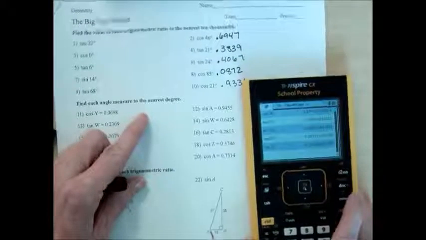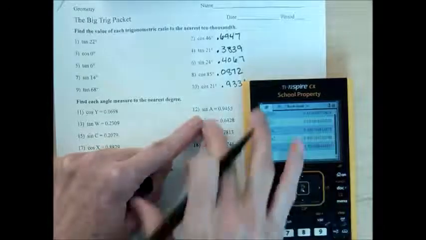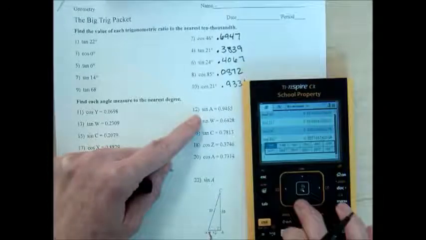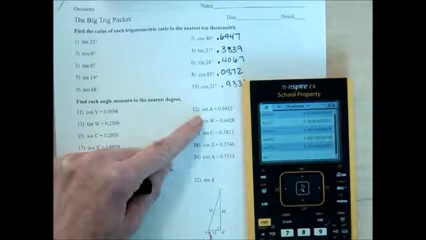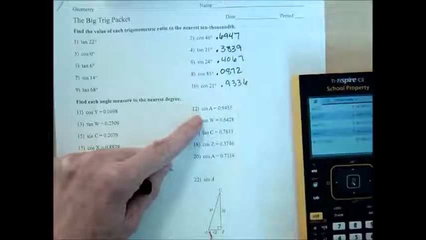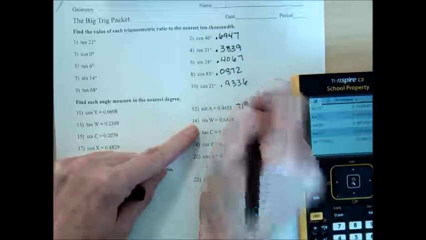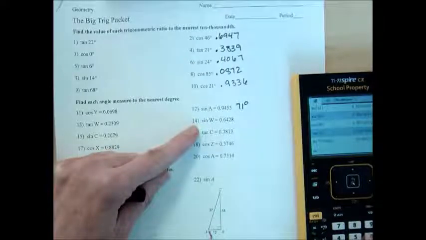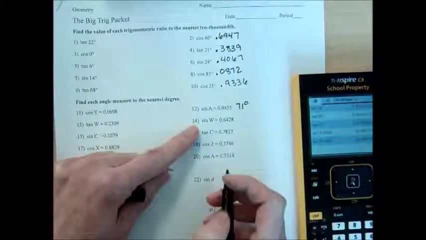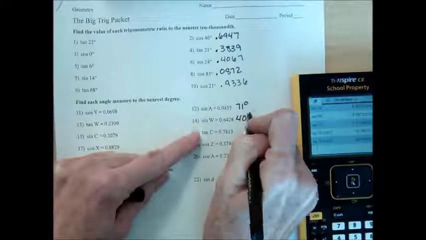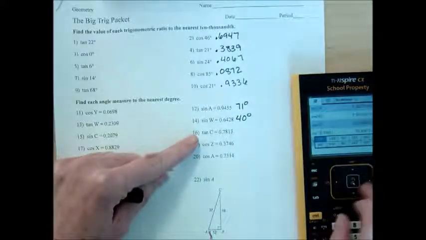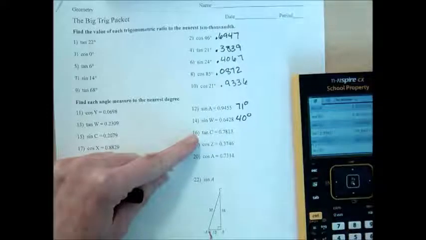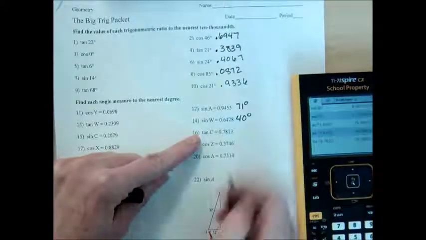0.9336. I'm going to do inverse sine because I don't know the angle, so I'm going to go trig. Inverse sine, 0.9455, and to the nearest degree is 71 degrees. Inverse sine, 0.6428, 40 degrees. Inverse tangent, 0.7813, 38 degrees.